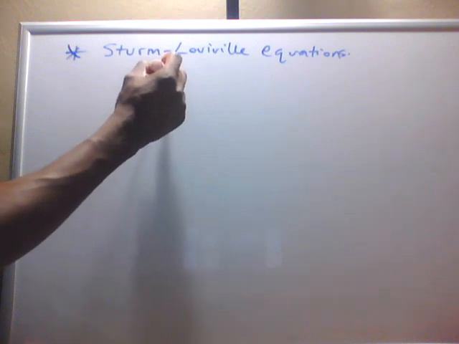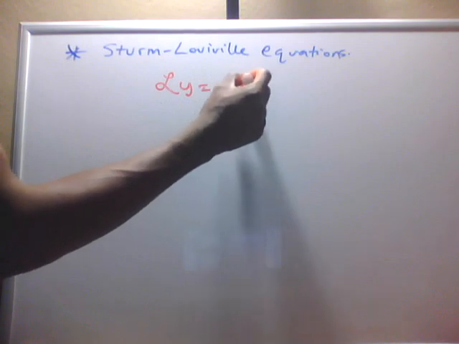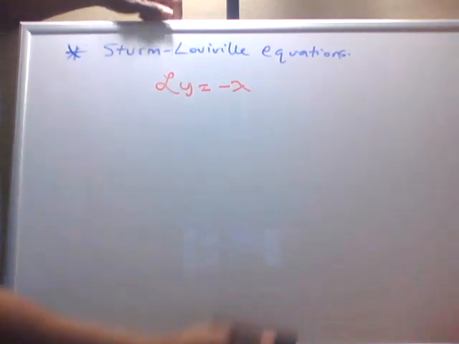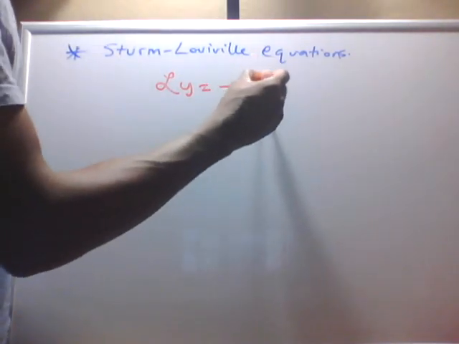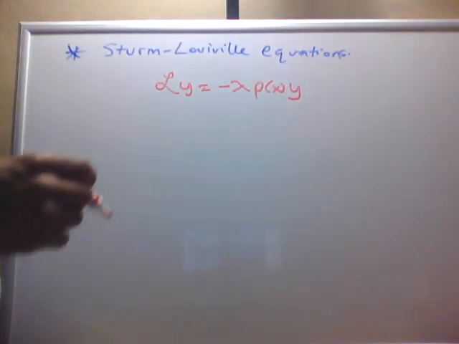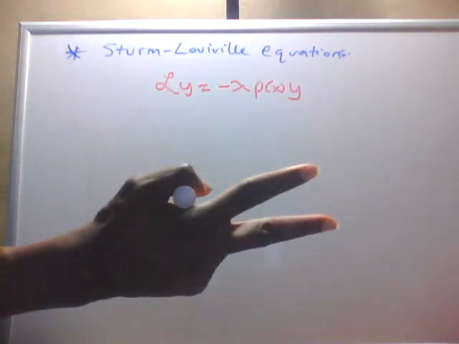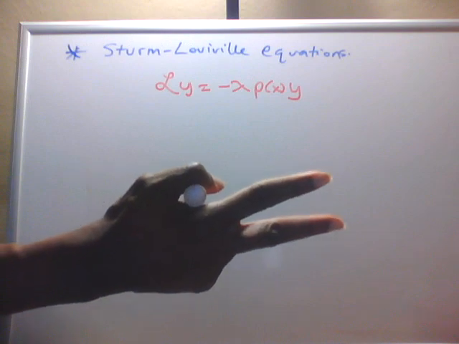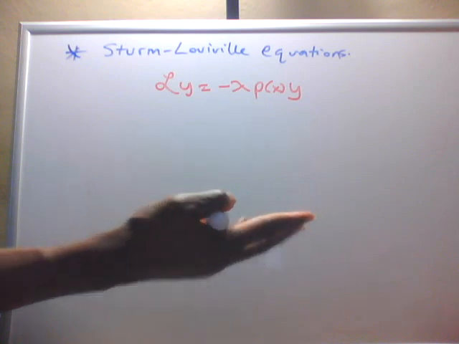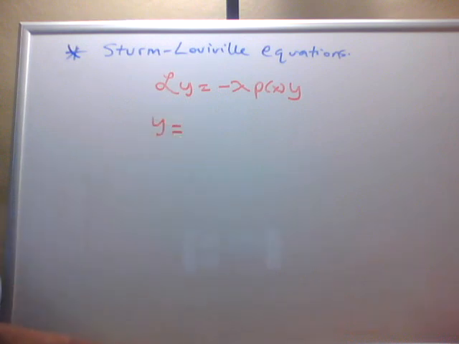Okay, so we had said that we were studying differential equations of this form, negative lambda y. In the general case of the general Sturm Liouville problem, we were looking at something like this. So for the Legendre differential equation, for the Bessel differential equation, for the other ones that we did with sinusoidal functions as solutions, we're able to show that we could expand solutions.